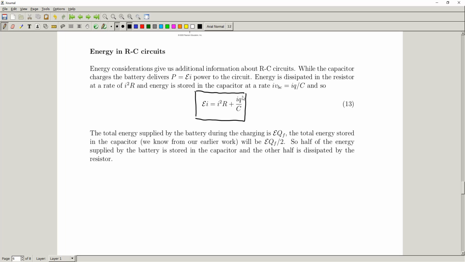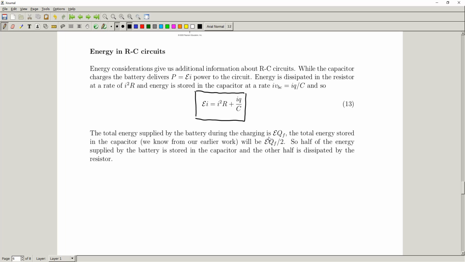Okay, and the last point I want to make here is that the total energy supplied by the battery during the charging is going to be equal to our EMF times the total final charge that we're going to have built up on the capacitor. We know from our earlier work, and again we'd have to go back to our work in the previous chapter on capacitors, that the total energy stored on the capacitor is actually equal to half of this amount.